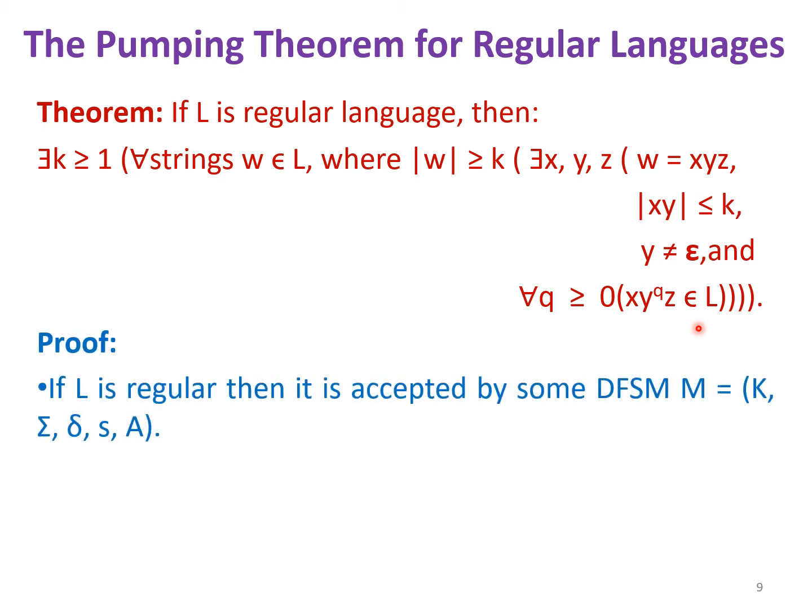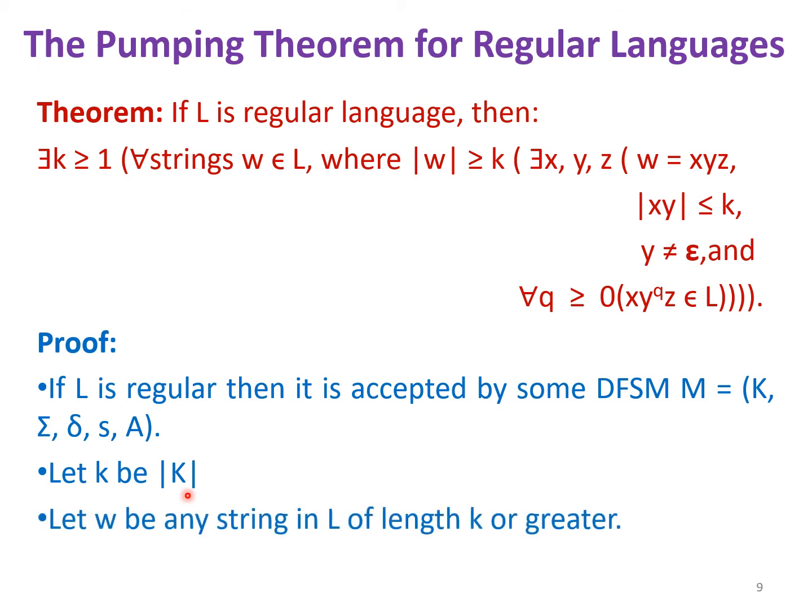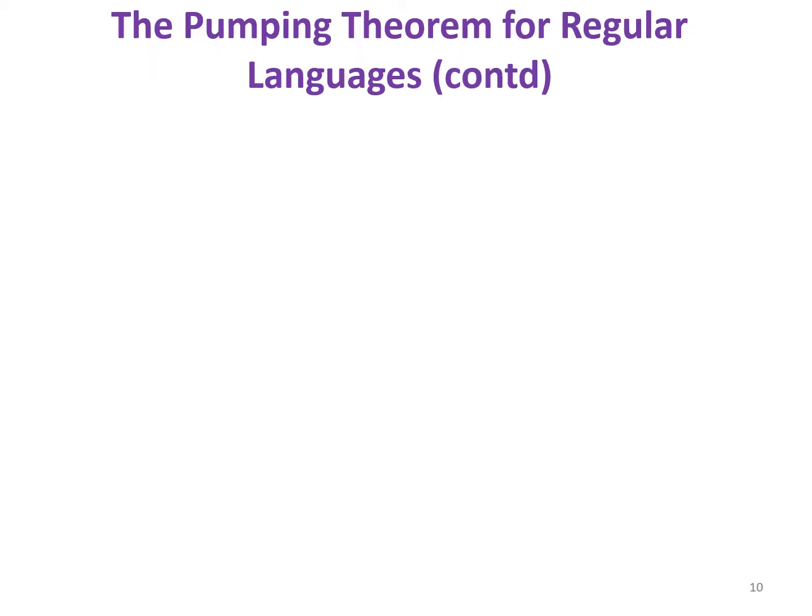So let us see the proof. If L is regular, then it is accepted by some DFSM, M = (K, Σ, δ, S, A). Let k be equal to the number of states in K. Let w be any string in L of length k or greater.